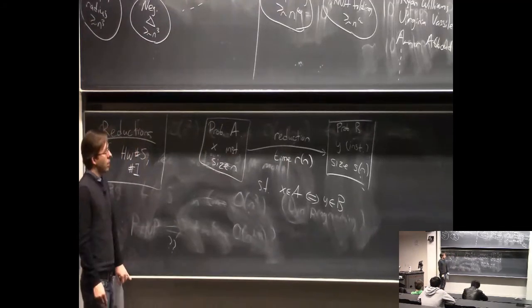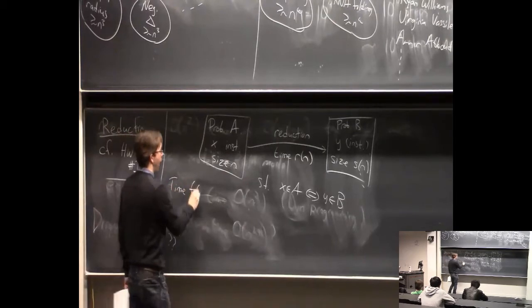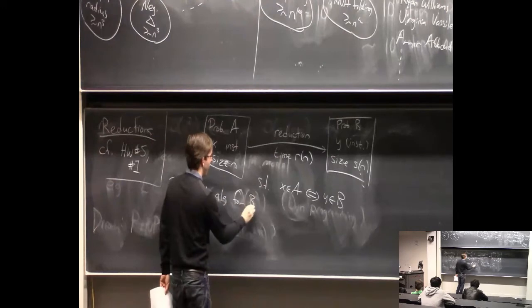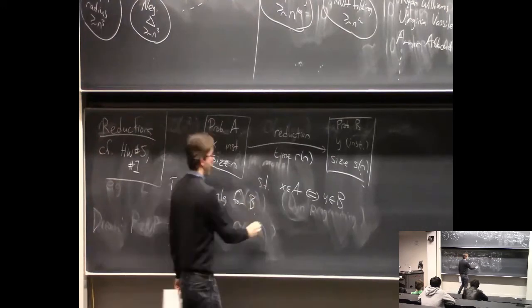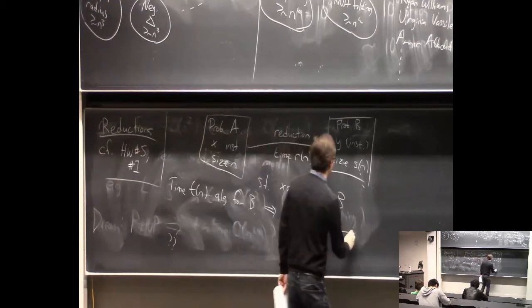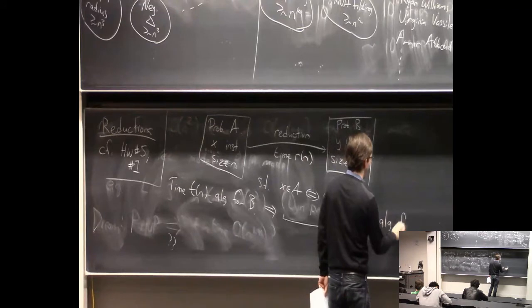Good. So now, suppose we had a time t of n algorithm for problem B. Then that implies what time algorithm for A?